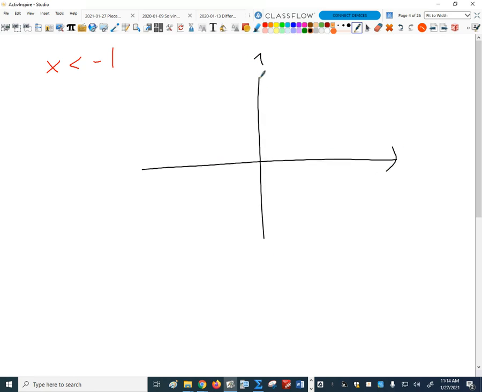When we graph an inequality, we need a boundary line and a shaded half plane, right? Well, my boundary line would just end up being the line x equals negative 1, right? And so if this is negative 1 on the x-axis, you would have told me to make a vertical boundary line that's dashed, right? Doesn't that make sense? We did all this stuff last unit. So I would have had something like this.